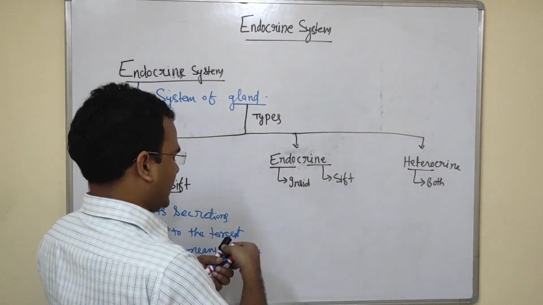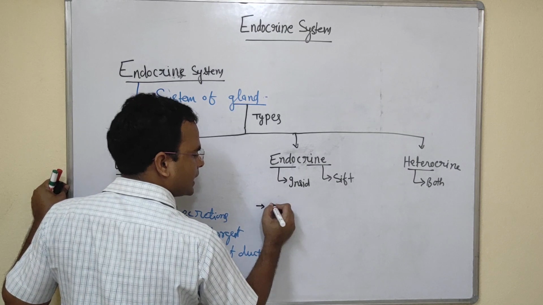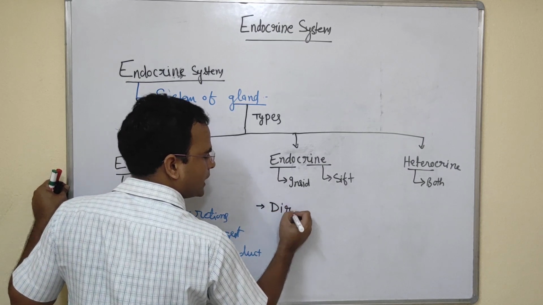But the endocrine gland pours its secretions directly to the blood.